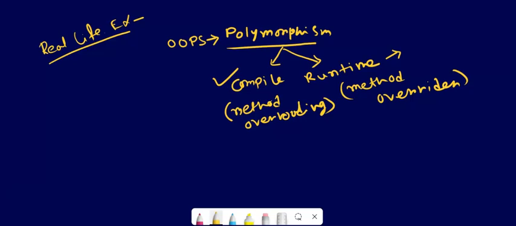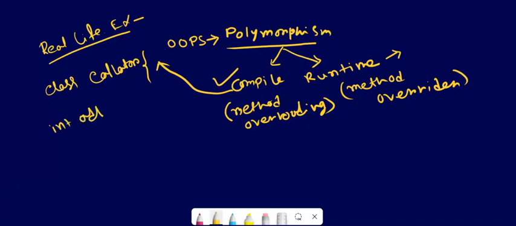Now take an example of simple compile time polymorphism, okay. So let's say I have a class, name is Calculator, okay, and now I have to return an addition, okay. I have two variables, integer a, integer b, okay. Then I am returning a plus b, okay.